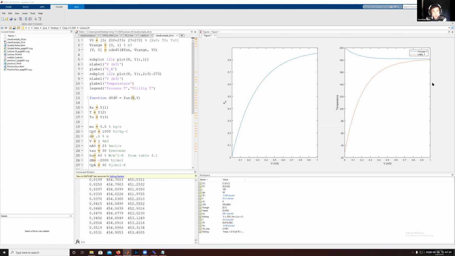In this case, the orange line is, at least as of right now, using room temperature air at 27 degrees C. As you'd expect, the temperature of the utility goes up and will eventually match the process temperature, and the process temperature goes down to some point between the two, depending on the specific heats of the two fluids.